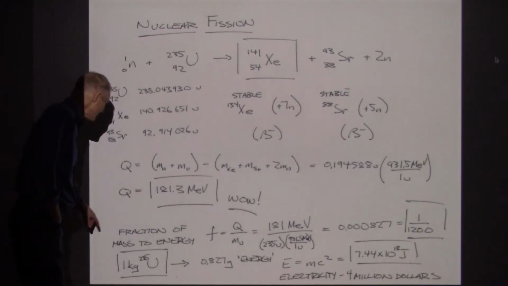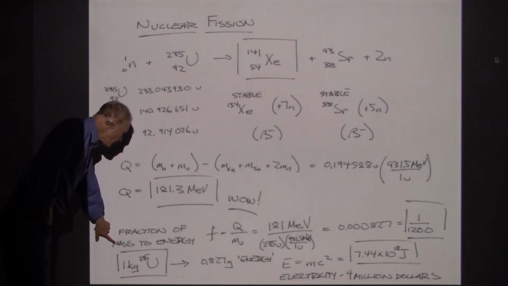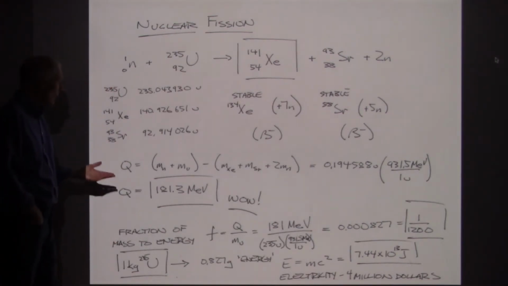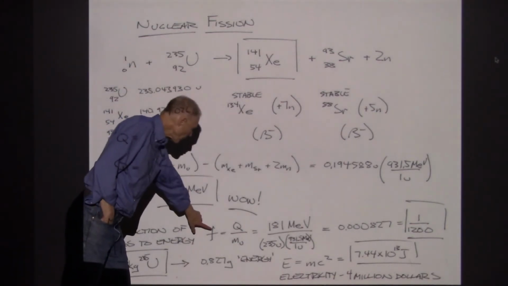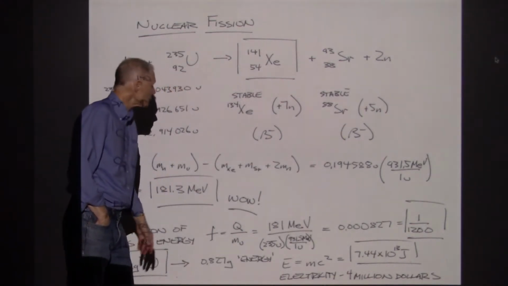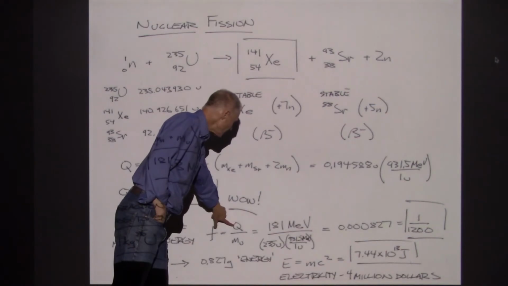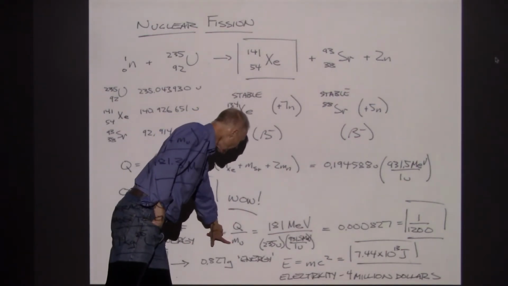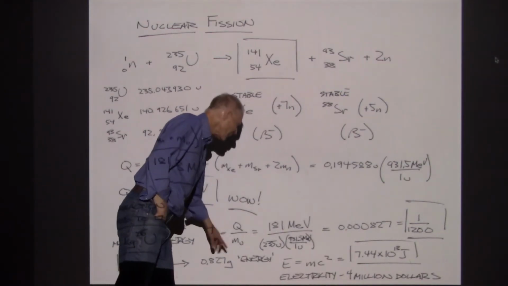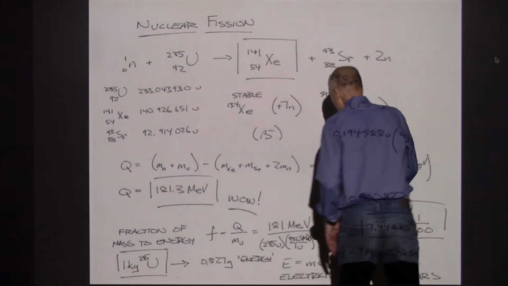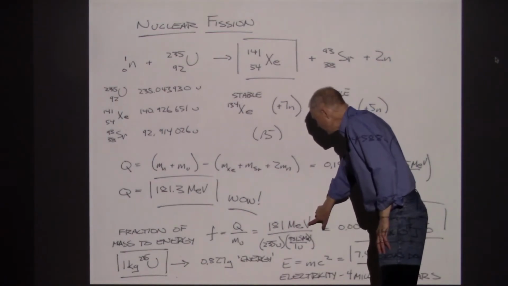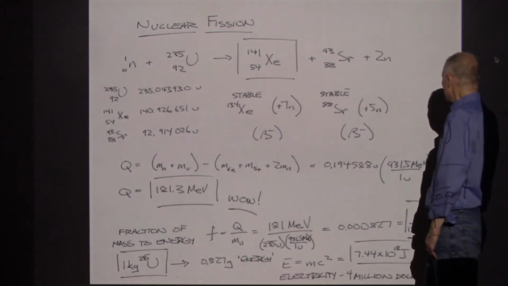Now, let's see what fraction of the mass has gone missing. So I'm going to call this the fraction of mass missing. What I'm going to do is take the energy that was released and divide through by the mass. Now I've got to put them in the same units. On this problem, I left the Q in terms of MeV.